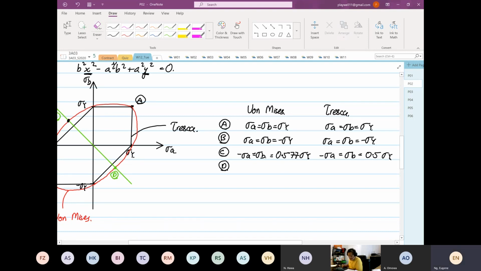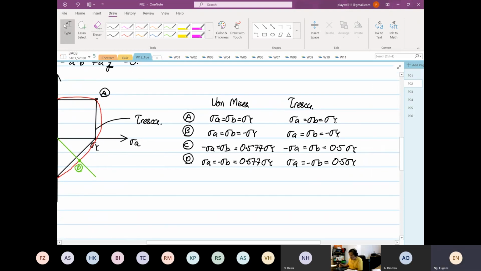Okay, and then if you look at point D, at point D, stress A is equal to minus stress B, and this is equal to 0.577 stress U. And then at point D for Tresca, stress A is equal to minus stress B, and is equal to 0.5 stress U. So from here, looking at the numbers over here, we know why Tresca is half.